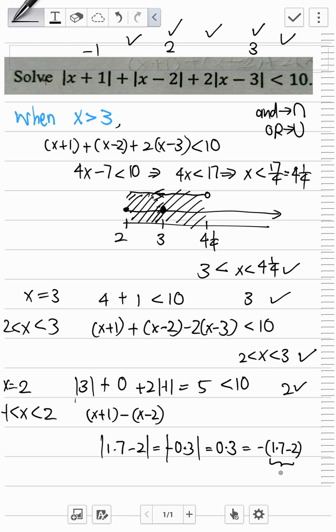This is minus 0.3 times minus, you get positive 0.3. So actually this expression is minus (x minus 2), and this is modulus of x minus 2. I'm saying in this range, this thing is equal to this thing, only in this range, right? Because we know that the inside value will be negative.